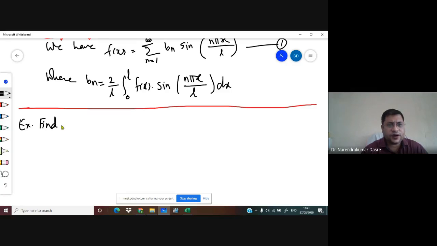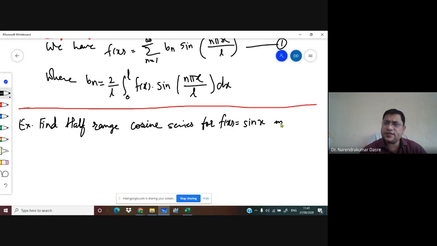Find the half range cosine series for f of x is equal to sine x in 0 to pi, with period 2 pi.